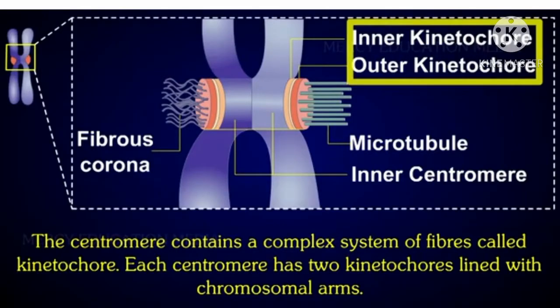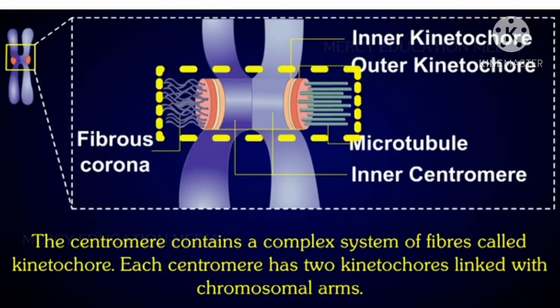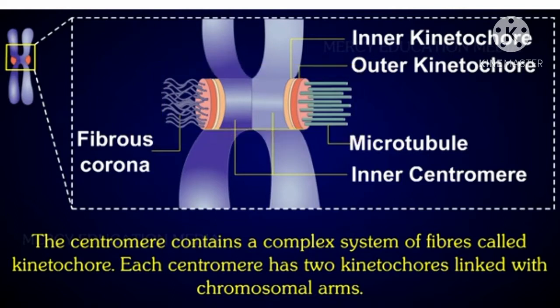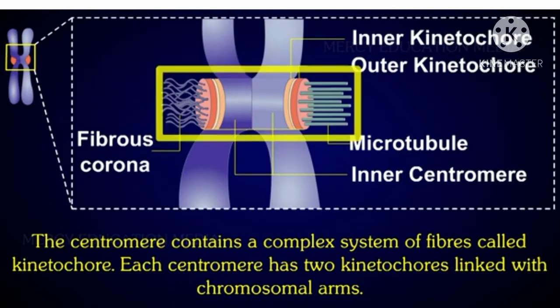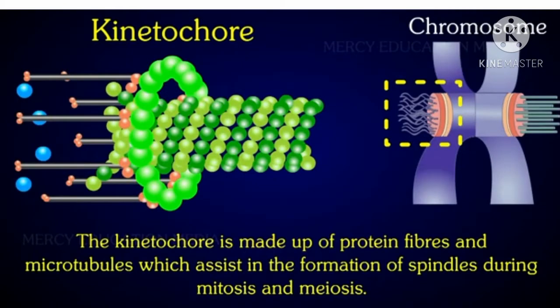The centromere contains a complex system of fibers called kinetochore. Each centromere has two kinetochores linked with chromosomal arms. The kinetochore is made up of protein fibers and microtubules, which assist in the formation of spindles during mitosis and meiosis.